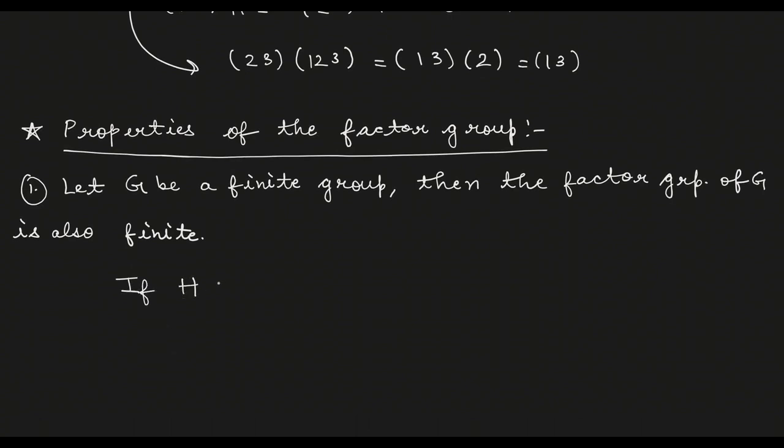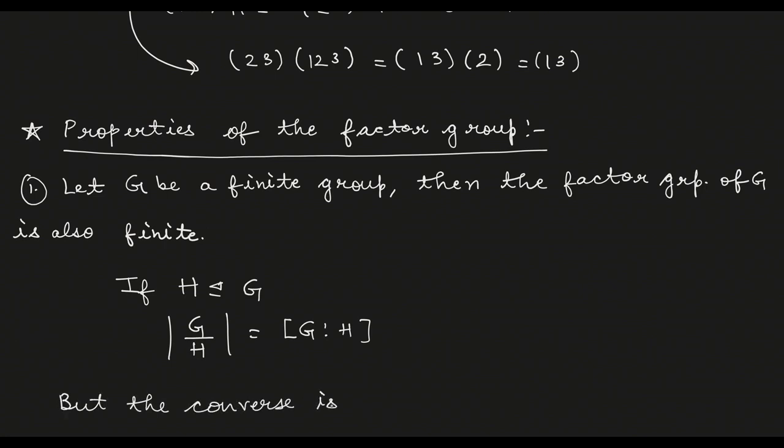If H is a normal subgroup of G, then the order of G by H, this is the index of H in G, is order of G divided by order of H. But the converse is not true. We have already discussed the example.